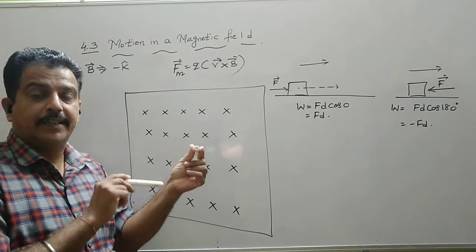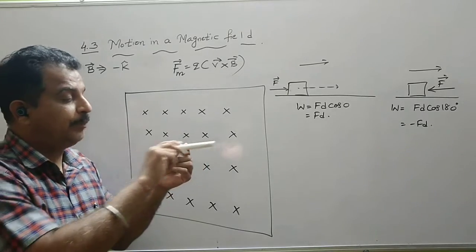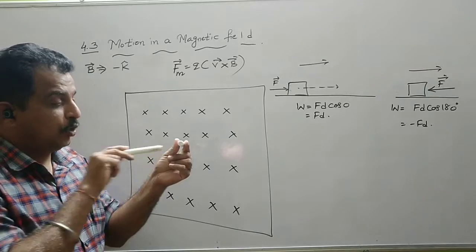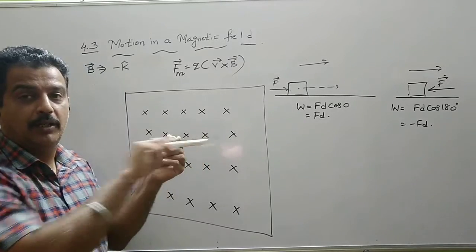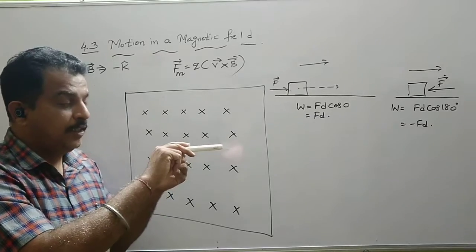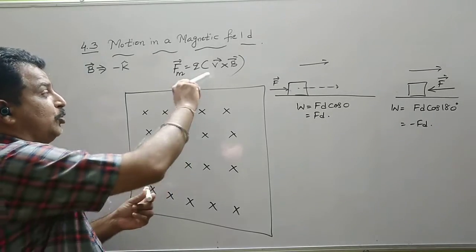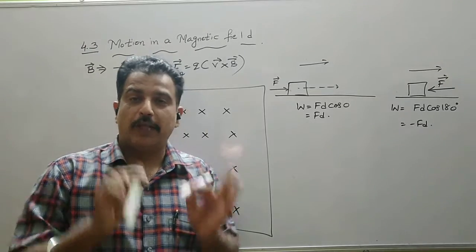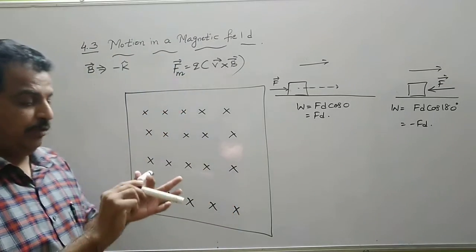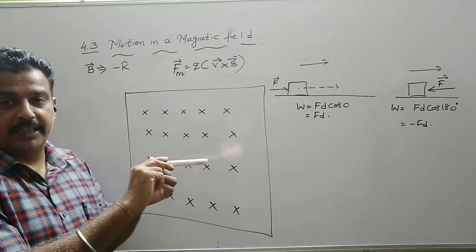Now let us say a charged particle enters perpendicular to it. So this is the direction of the motion, that is the displacement or the velocity. Now we apply this rule and we will find out the direction of the force. It is quite clear that the force will be perpendicular to the B and V vectors.